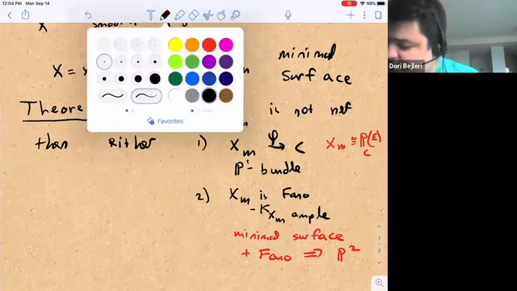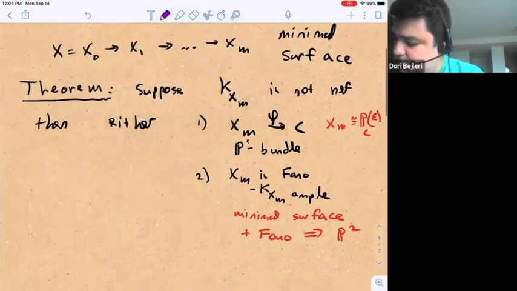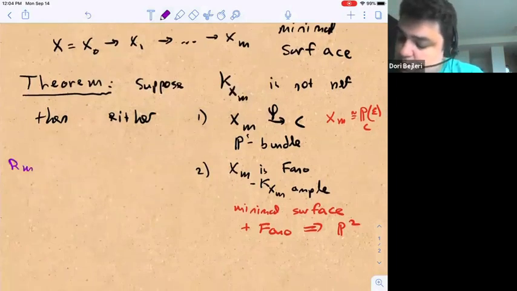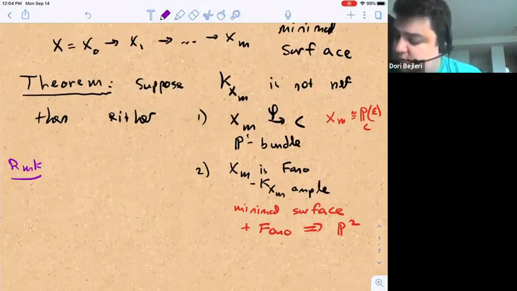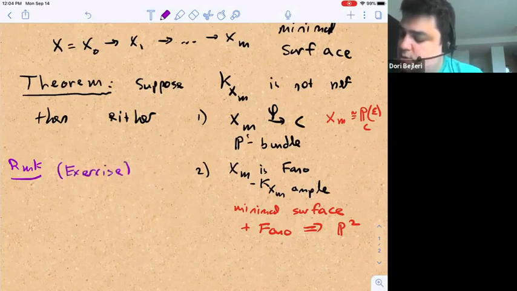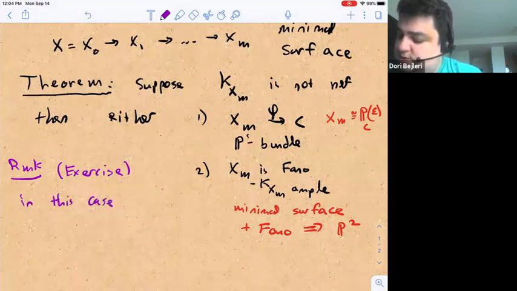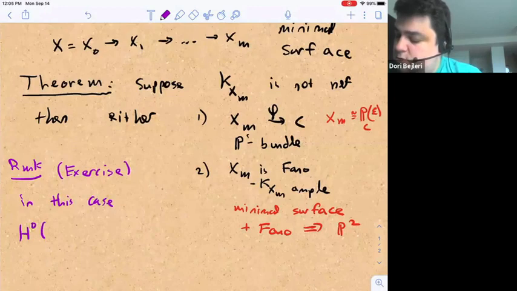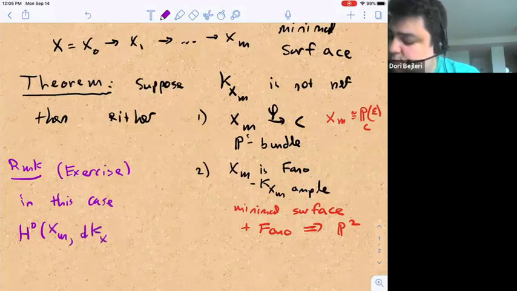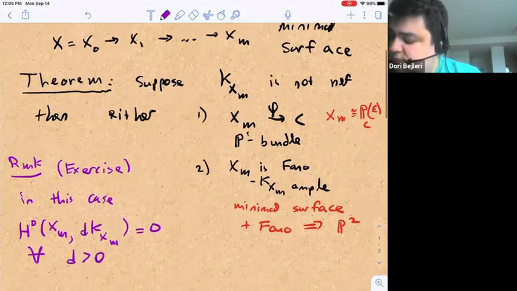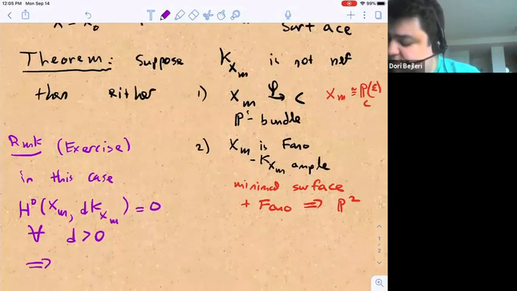And note in particular in each of these cases, or maybe I'll leave this as an exercise, we actually have that no powers of the canonical bundle have sections, which implies that we're in the Kodaira dimension minus infinity case.